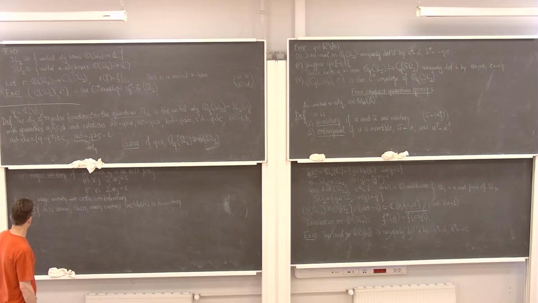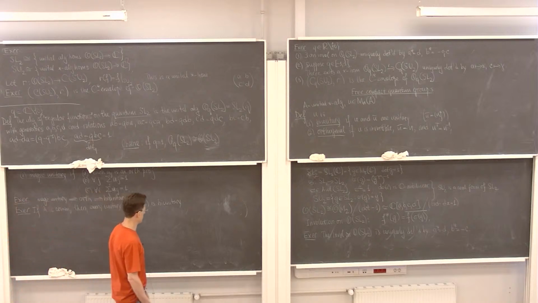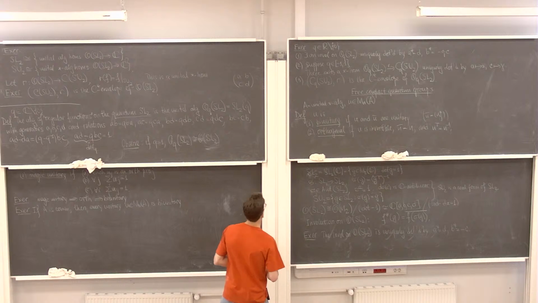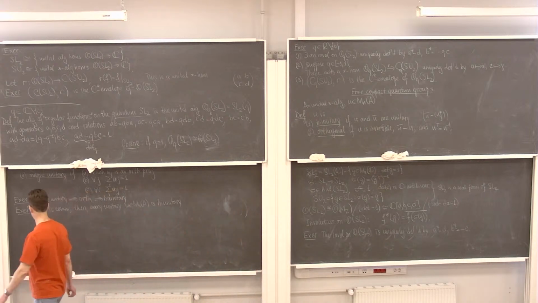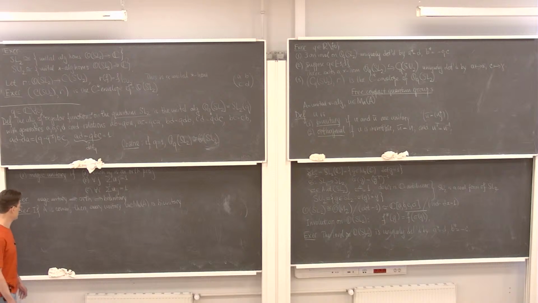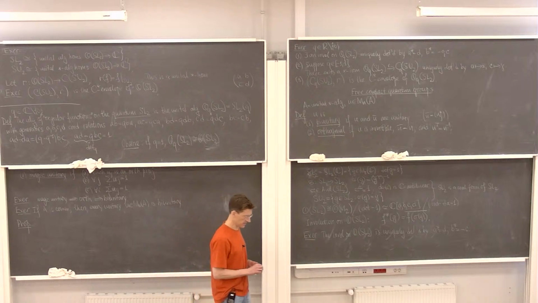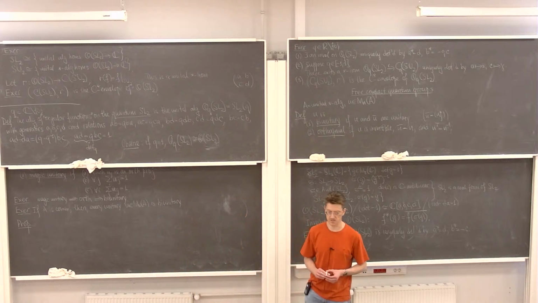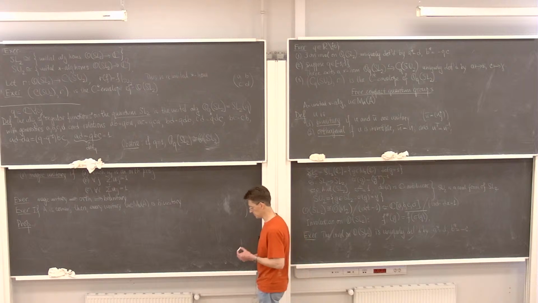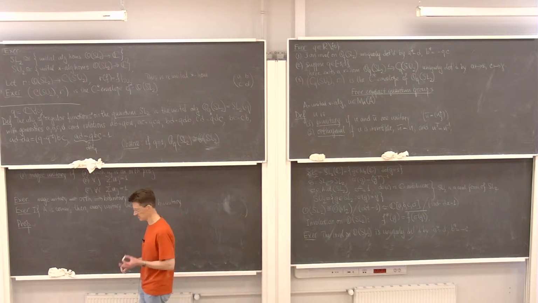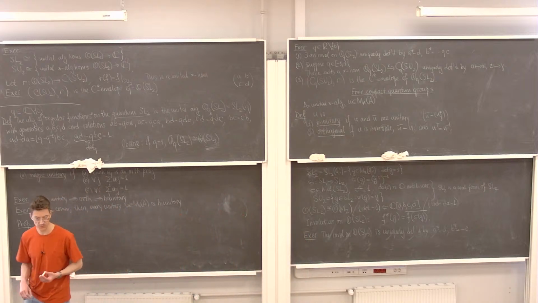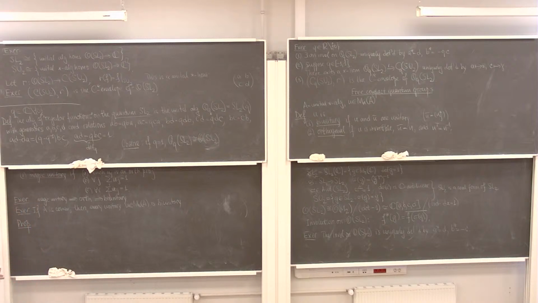Okay, so let's now first look at the classical situation, the non-quantum situation. It turns out that these notions, biunitary, orthogonal, and magic unitary, can be used to characterize the algebras of continuous functions on the unitary group, on the orthogonal group, and on the symmetric group in terms of some universal properties.